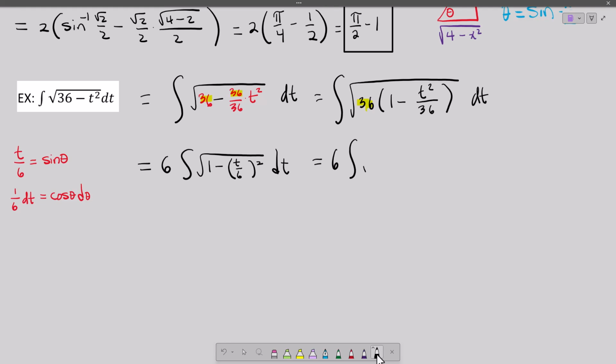So this is going to be the square root of 1 minus sine squared of theta. And then dt, we come down here, if we multiply both sides by 6, dt is 6 cosine of theta d theta.